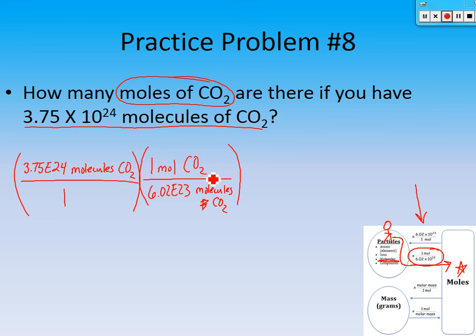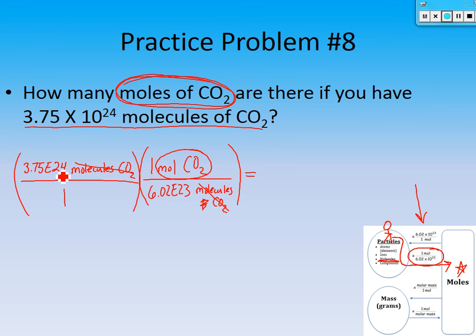All right, now I know that my molecules of CO2 units are gone because they're dividing by themselves, so they cancel out. And we're left with this unit, moles of CO2. When this unit on the top matches what you were asked to go to, then you can stop, throw on an equal sign. Now it's a math problem.